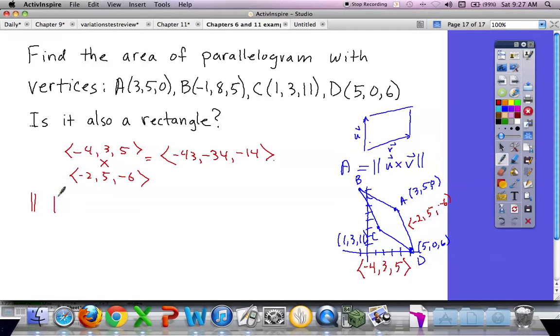So the magnitude is the square root of -43 squared plus -34 squared plus -14 squared, which is, make sure you use parentheses in the calculator.